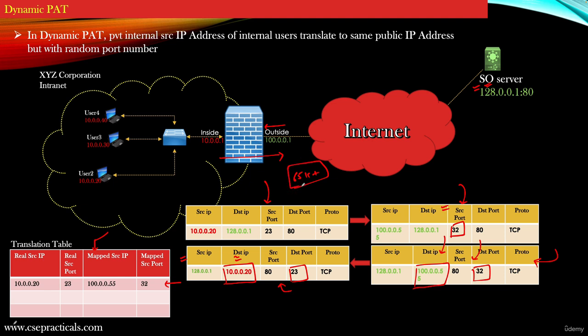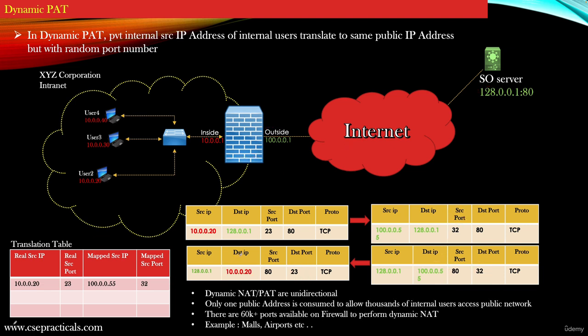So you can see that an exceptionally large number of users in the private intranet of XYZ Corporation can make use of the same public address, because it is the port number generated by the Cisco ASA firewall which makes it possible that hundreds of thousands of users in the private network can access the public services using the same public IP address. So dynamic PAT is relatively very easy to understand as compared to other NAT or PAT schemes.